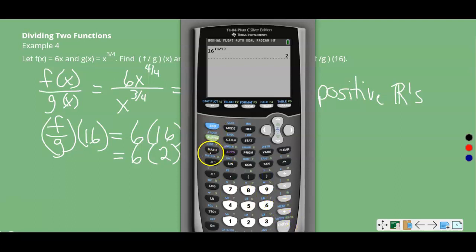Or you could do the 4th root, so you have to type in a 4. Math, go to x root, which is 5, and then type in 16. Remember, the 4th root of a number is the same thing as that number to the 1/4 power.